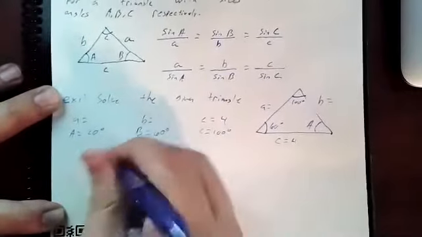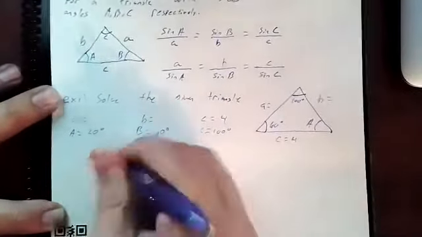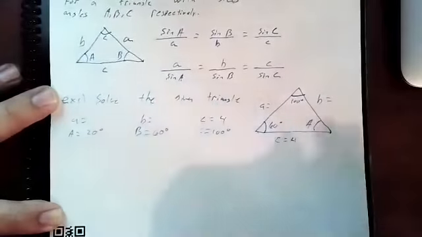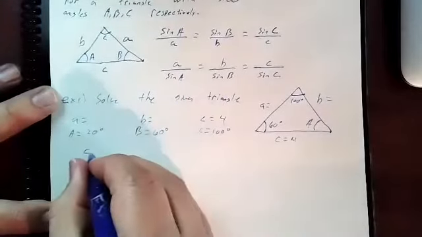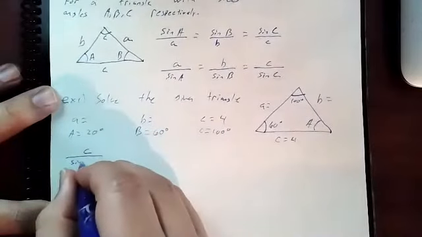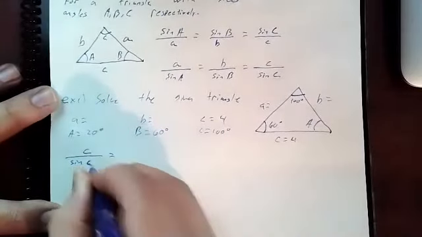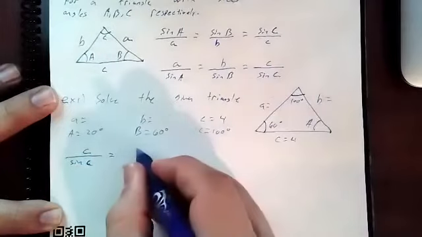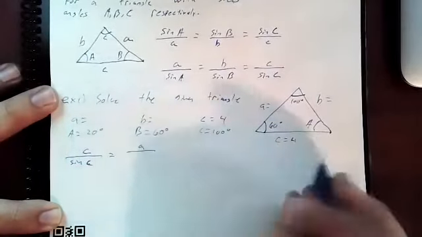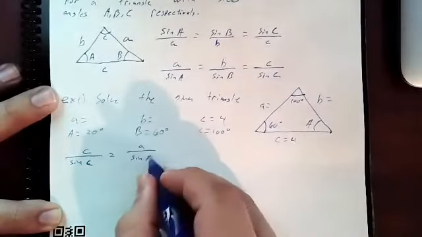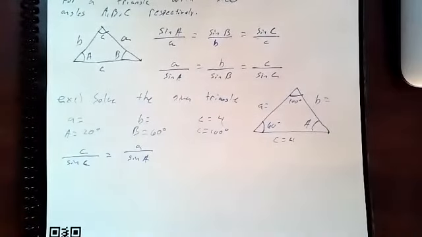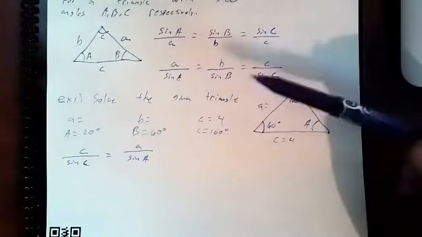We will use something that is known to find the unknown. So we will use c over sine C. I'm going to set that equal to one of the ones that are missing. We'll find a first, over sine A. So that's the equation right there.